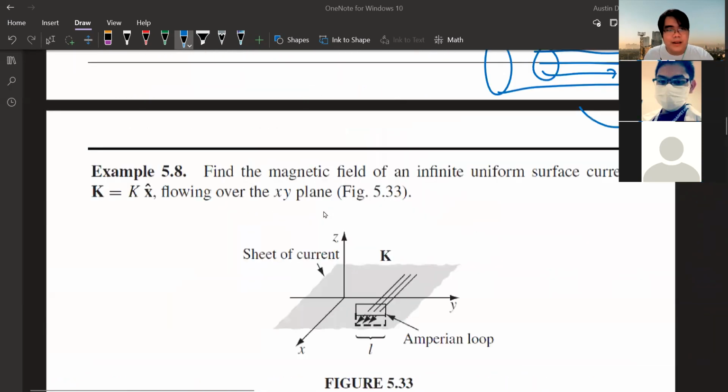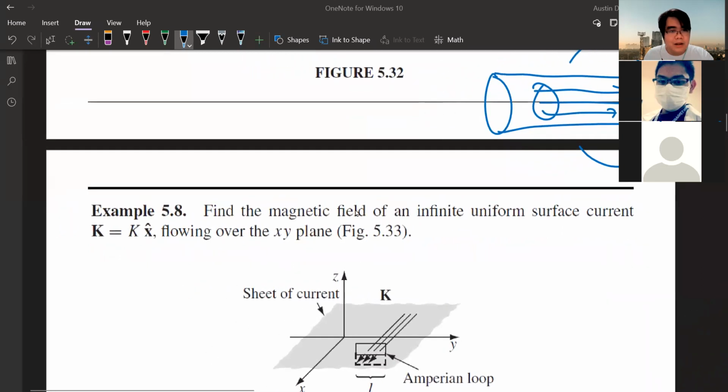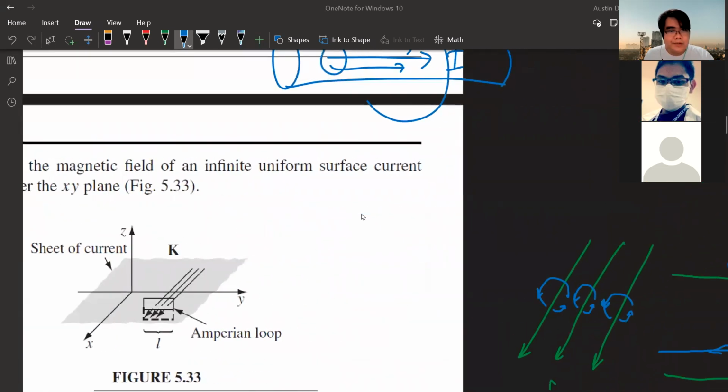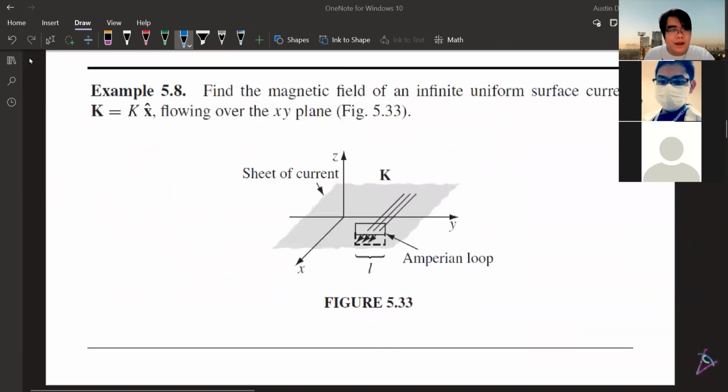Okay, ano yung K natin? What would be K? Paano natin dinefine yung K last time?